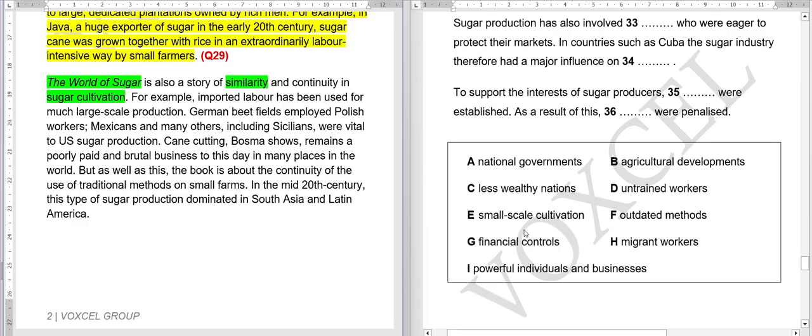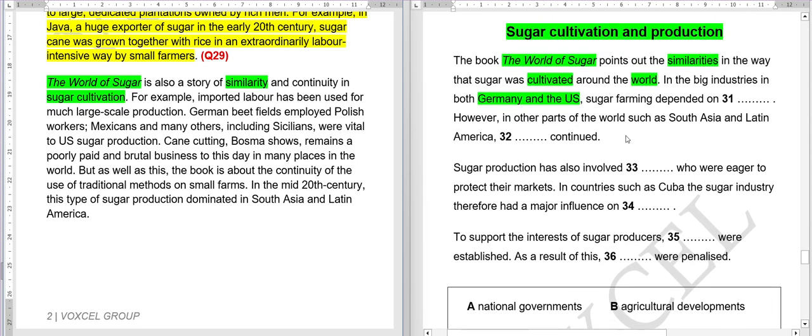Small scale cultivation, not on large scale. Outdated methods, okay, old methods. Financial controls, simple. Migrant workers, who are migrant workers? People coming from different parts of the country, or from other cities, other states, other parts of the world. Powerful individuals and businesses, obviously big industries, powerful businessmen, something like that.